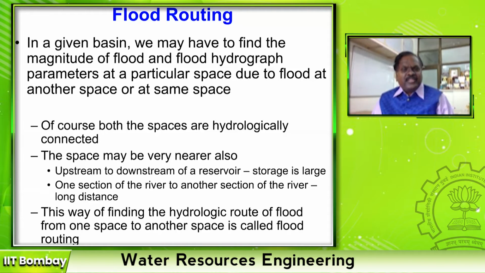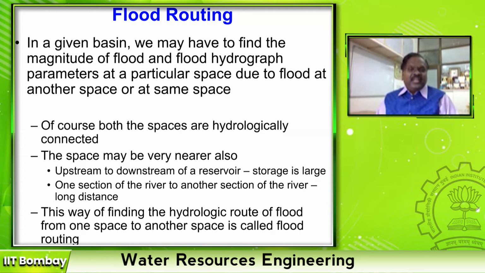Right? So the space where I am safely dispersing the flood from one place to another place, there are two situations. One is in a dam, right? The space is differentiated only by the thin wall when compared to the volume of water stored. But in this case, the storage is large.